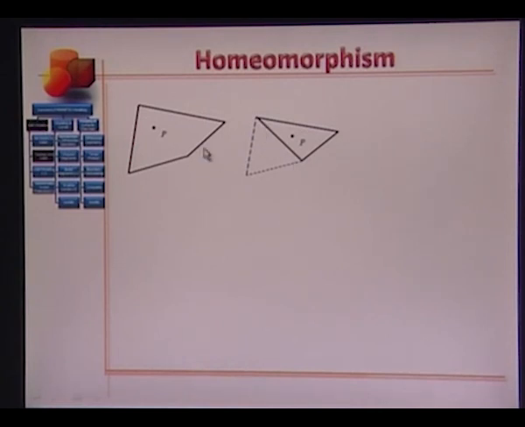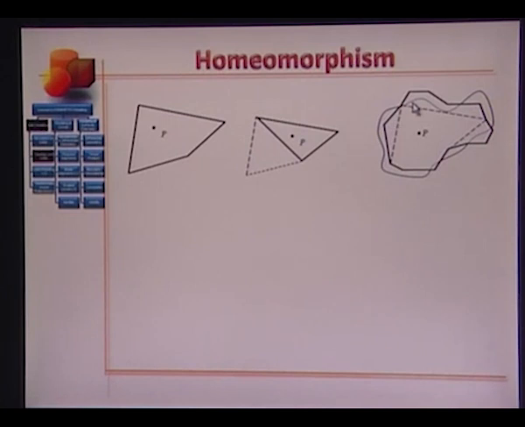Are these two polygons homeomorphic to each other? The answer is yes, they are. Likewise, all simple closed polygons will be homeomorphic to each other, and in general they will all be homeomorphic to a circle.